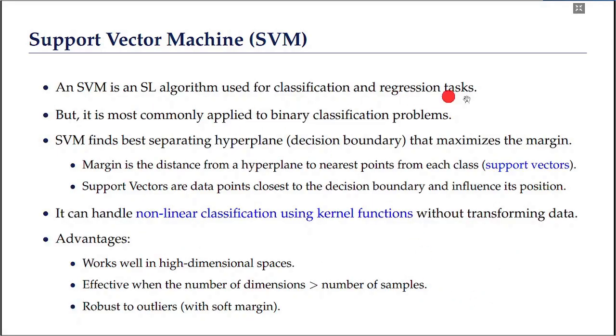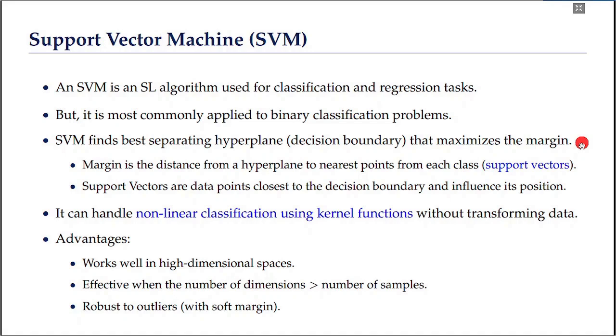So in general, a support vector machine is a supervised learning algorithm that is used for both classification and regression problems, but most of the time it is applied to binary classification problems. A support vector machine finds the best separating hyperplane, that is the decision boundary that maximizes the margin.